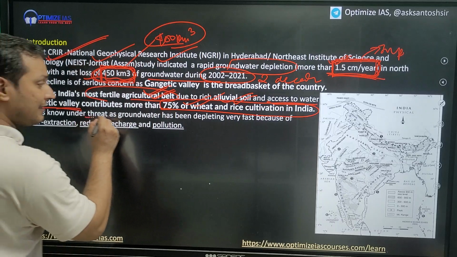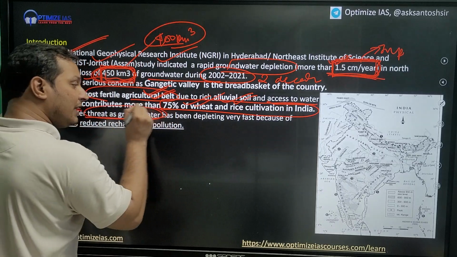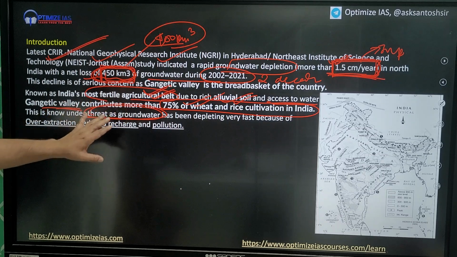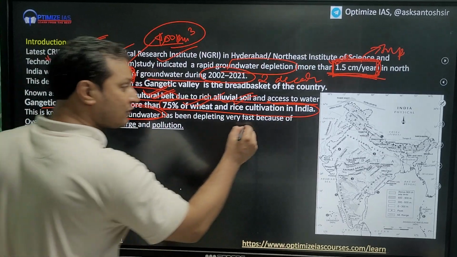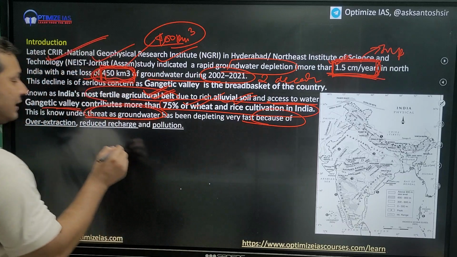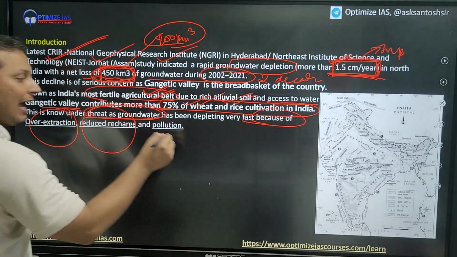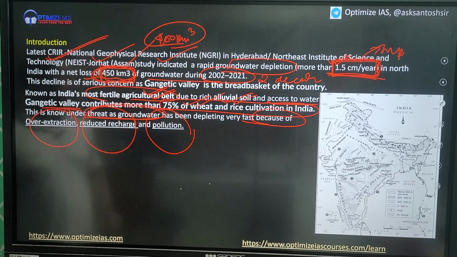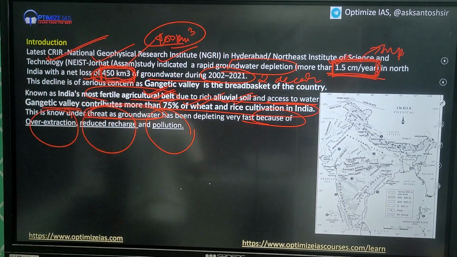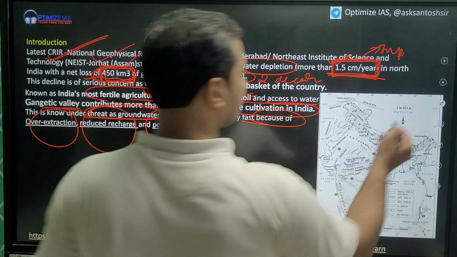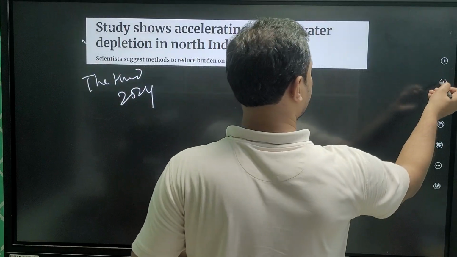But this is under threat because of falling groundwater, and I have given the reasons also why there is a fall of groundwater. 3 reasons: over extraction, reduced recharge, and pollution. Just see this introduction, guys. I have written an introduction which includes facts, which explains, which links the question. You can see there are 2 concepts in the question.